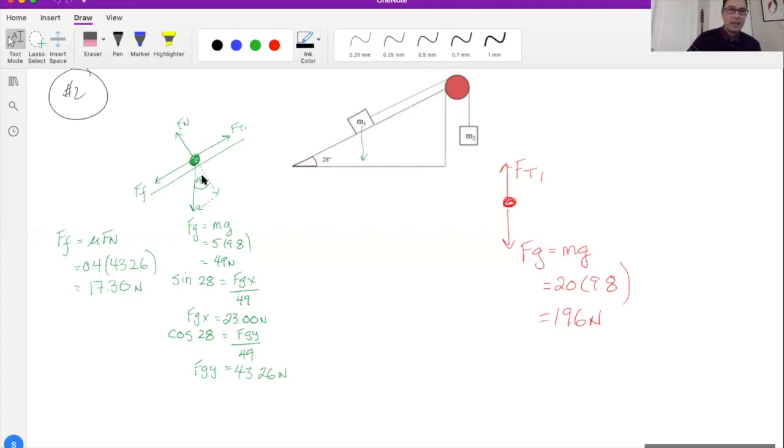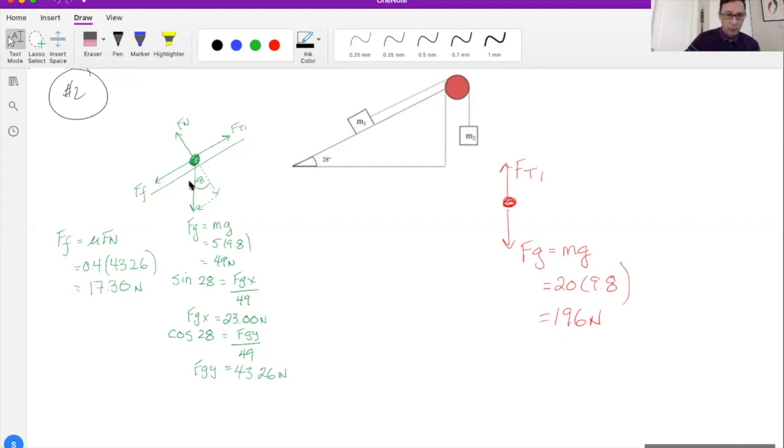And the X and Y components of that force of gravity, here and here, make a triangle where this angle here is always the same as this angle here. Okay, so that's typically the case. So you can see that I've got 28 degrees in here because it's 28 degrees there.